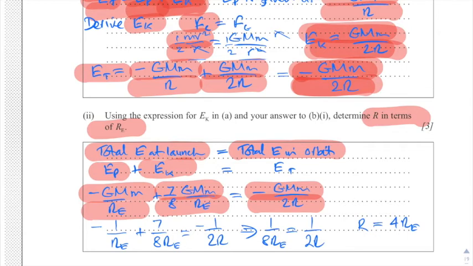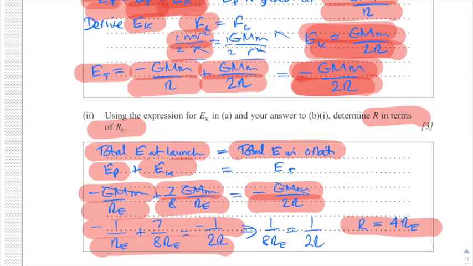Now after a lot of cancelling out, you can just cancel out the constants here, and if you do that, you're left with this expression here and a little bit of fiddling around. It's not too difficult, I hope. You find that 1 over 8 RE equals 1 over 2r. Cross multiply that, you find that r is generally equal to 4RE.